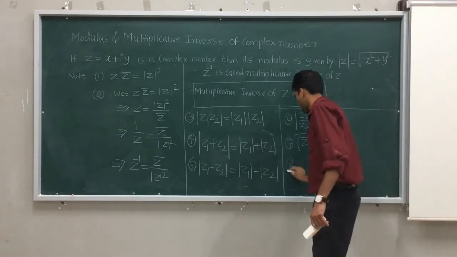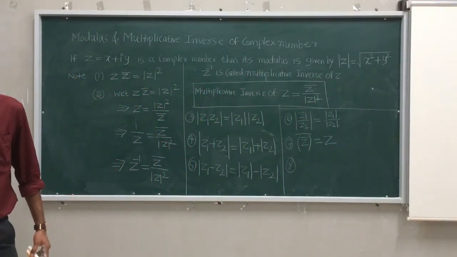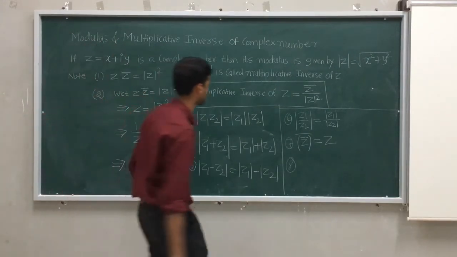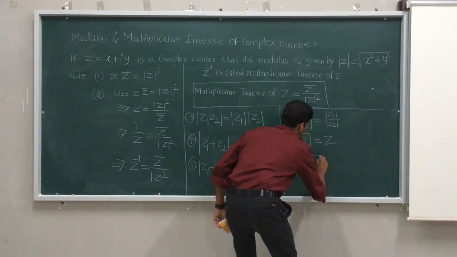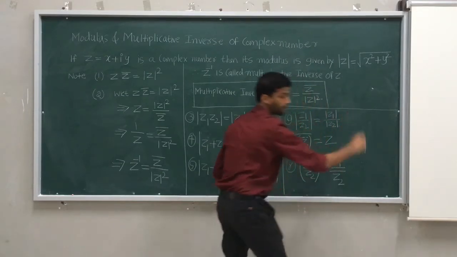Okay. Then property number 8. One is mod z1 z2 and mod z1 by z2 individually. Then the conjugate of z1 by z2 is equal to z1 bar divided by z2 bar.